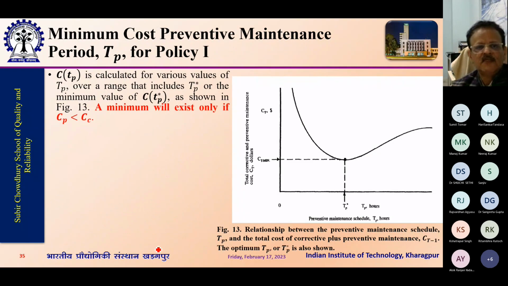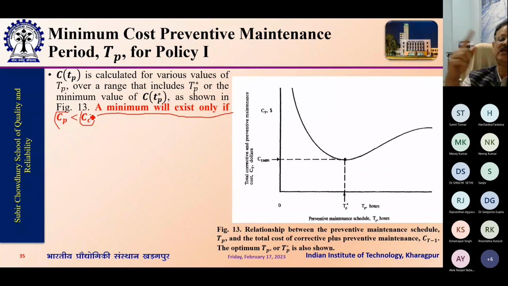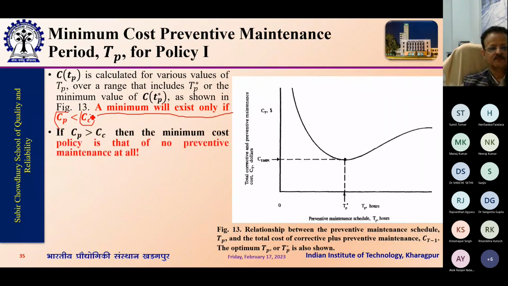Remember that for various values a minimum will only exist. So first check whether the cost of this preventive replacement is lesser than this value or not. If it is not, you are not going to get the solution of that equation, because the assumption you have made is that the cost of preventive replacement is lesser than the post failure replacement cost. So remember this. If this is the case, then better you say that there is no need of preventive maintenance at all.